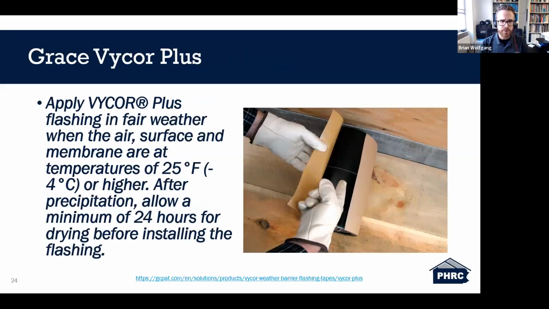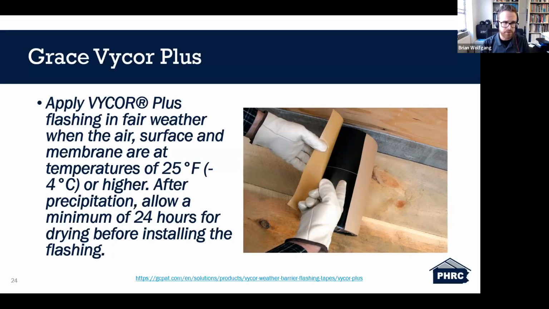This is an example of what I'm going to show related to specific manufacturers. So Grace, their Vicor Plus product, it's a common product that you'll see in a lot of applications. This is an example of a rubberized asphalt product. So I copied in some of their language just to acknowledge the type of information you should expect to see from a manufacturer if you're trying to figure out what are the allowable installation conditions for this product.